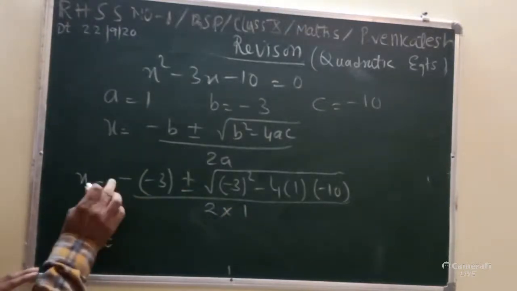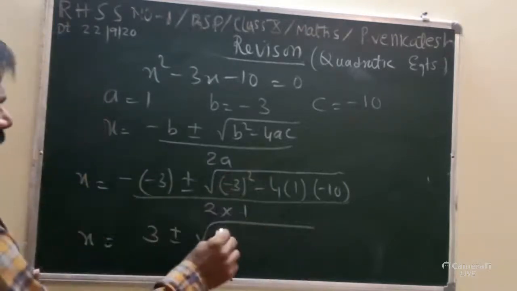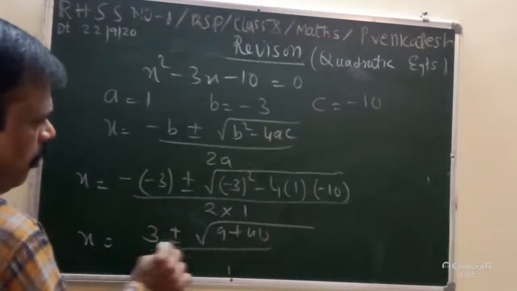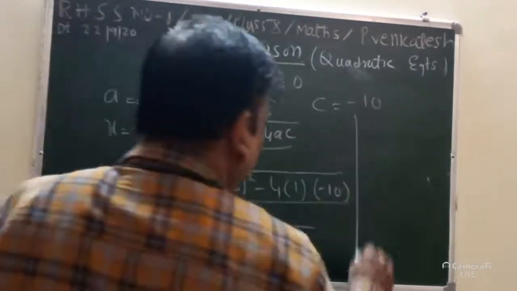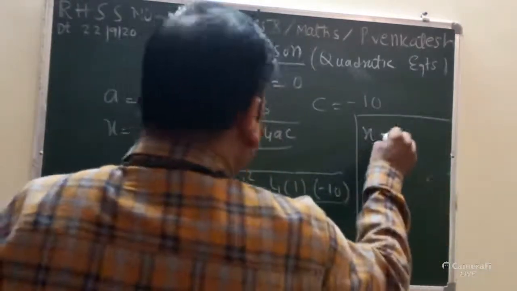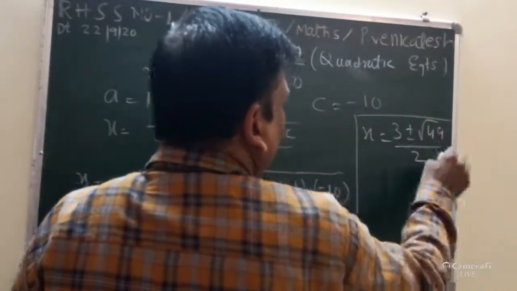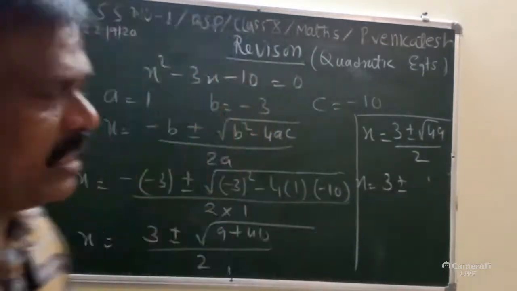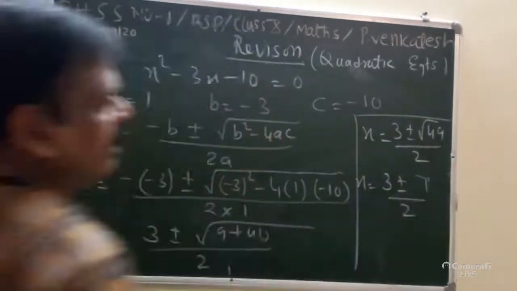Or x is equal to 3 plus minus under root 9 plus 40 upon 2, or x equal to 3 plus minus root 49 upon 2. What is root 49? 7. So x equal to 3 plus minus 7 upon 2.